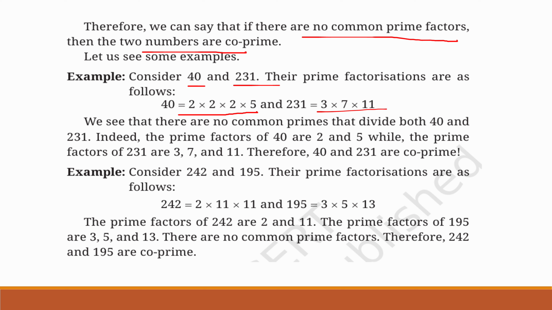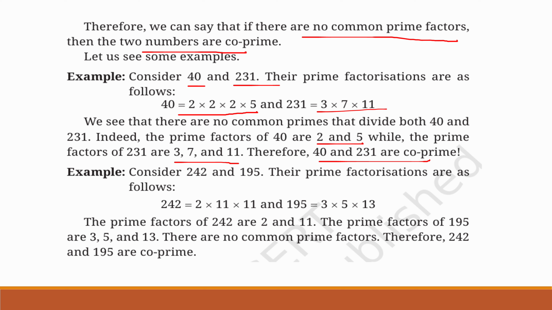So, we see that there are no common primes that divide both 40 and 231. Indeed, the prime factors of 40 are 2 and 5, while the prime factors of 231 are 3, 7 and 11. Therefore, 40 and 231 are co-prime because there are no common prime factors.